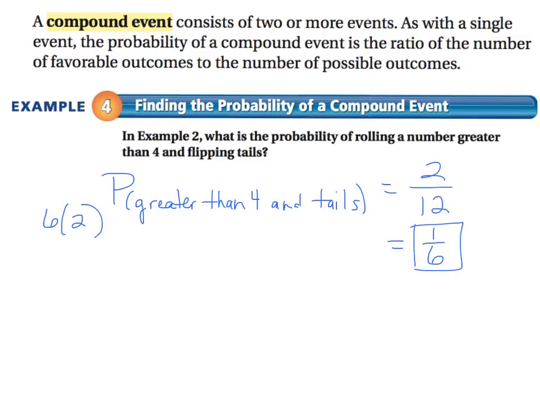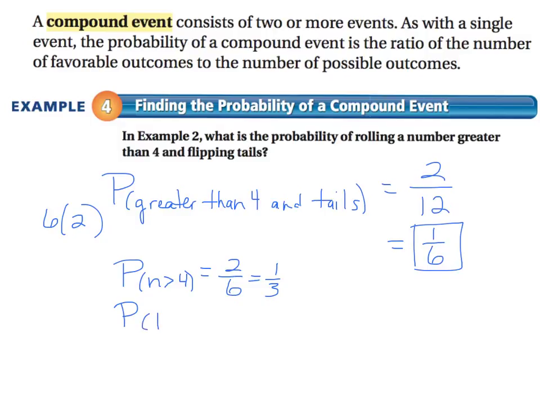Here's how I do it. It's completely up to you what you want to do. I do each event as a separate number. So the probability, for example, of a number greater than 4, I would just do that as how many numbers are greater than 4 on a number cube? There are 2. So it would be 2/6, which is 1/3.